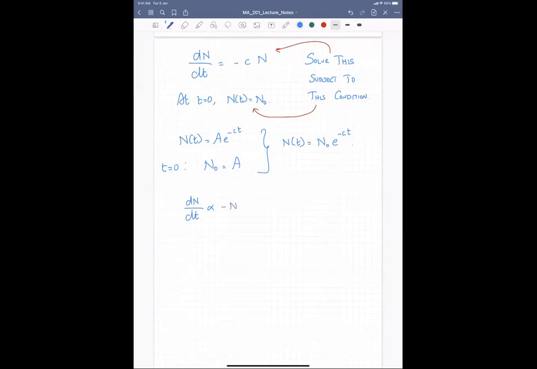Maybe it's proportional to n squared or n cubed or n to the 5. So this is not a question that the differential equation itself can answer. Of course, you can go through the same steps, and this is a different differential equation, which you can again solve and again write down the solution. So which one is correct? A priori, just by writing things down on paper, you do not know.